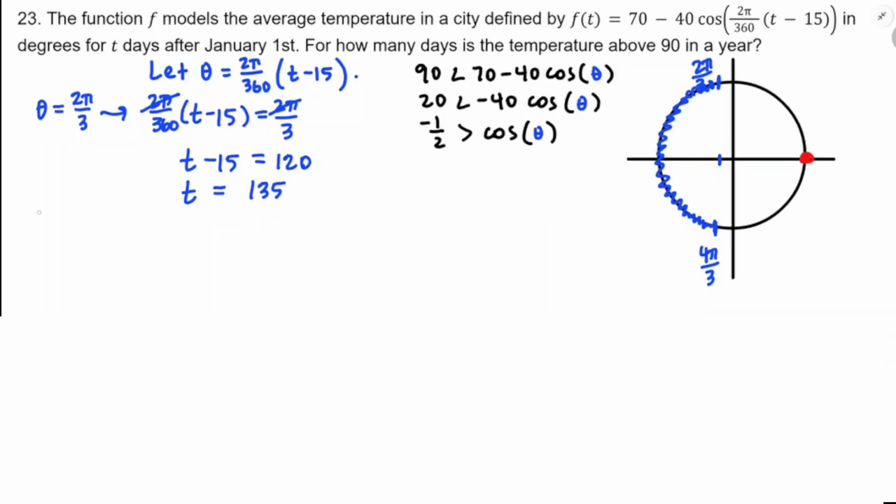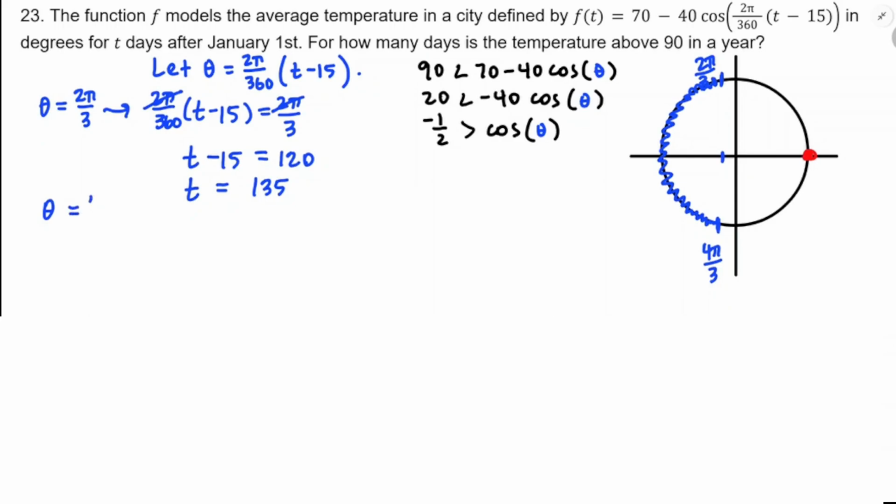Okay, and then theta equals 4 pi over 3. That's going to give me 2 pi over 360 times t minus 15 equaling 4 pi over 3. So I'm going to divide both sides by 2 pi. We're left with 2/3.